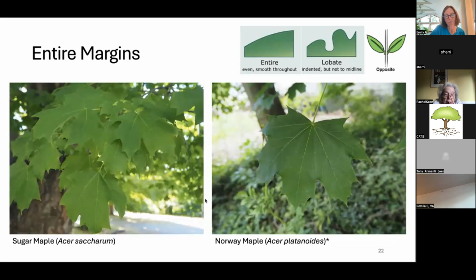But if that doesn't mean a lot to you, pull a leaf off, and at the bottom of the petiole, if you have milky sap, that means you've got a Norway maple. If you have no milk, then you have a sugar maple. And those are the ways to identify those.